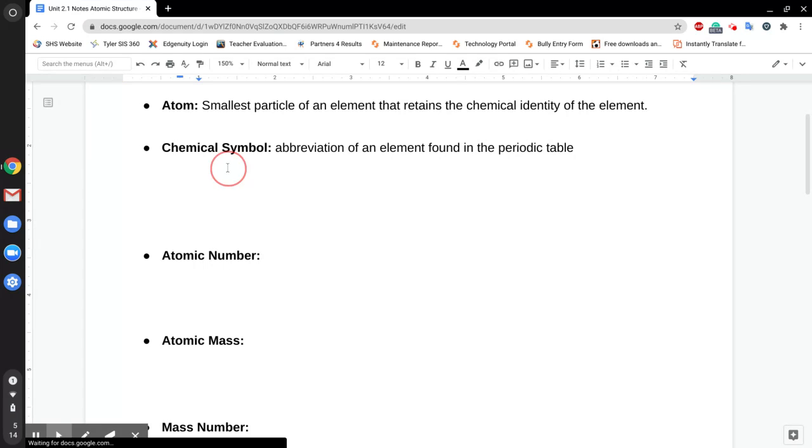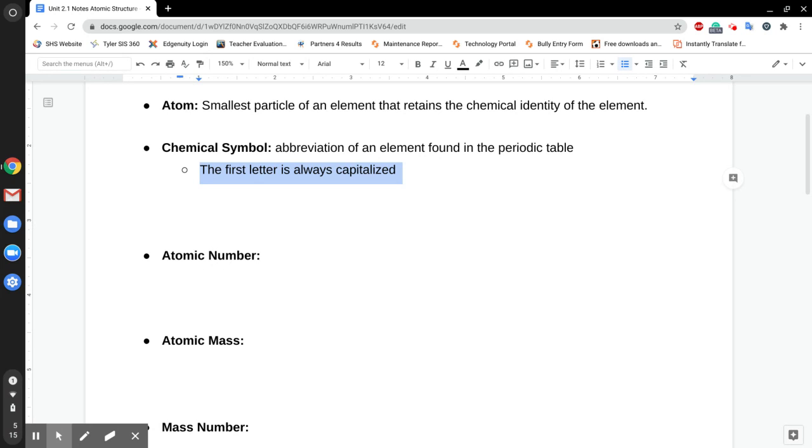There are some conditions that come along with these symbols. Remember, the first letter of a chemical symbol is always capitalized.